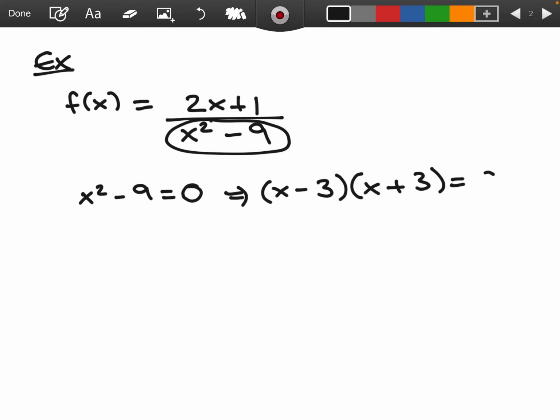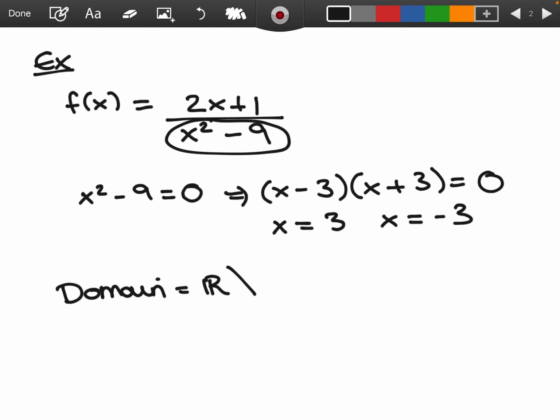I would never give you any problem when you're doing any like factoring of cubics or quartics or anything, but you may have to factor a quadratic here if it's not already factored, and you set it equal to 0 and see what values of x give you that 0 denominator. So this particular rational function is defined everywhere, so the domain here is all real numbers, not including -3 and 3. You could also write that in set notation if you wanted to, but this is just the easiest way to write it.